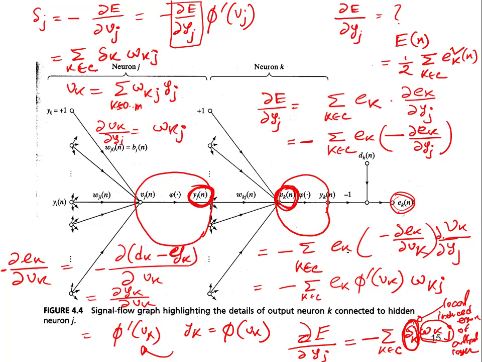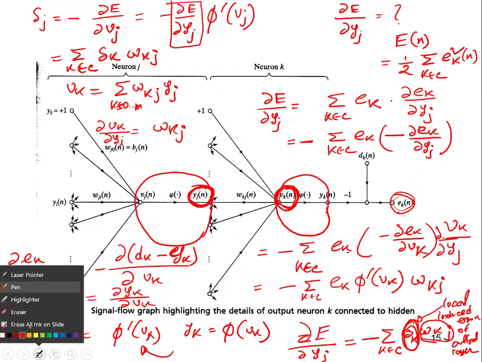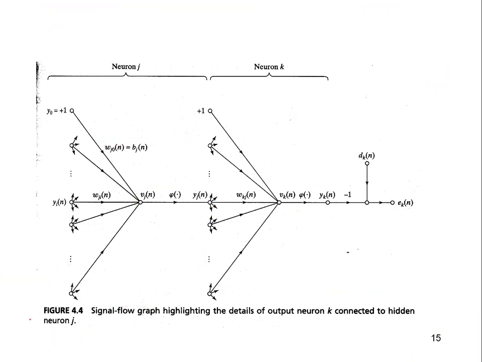So the overall equation that turns up now is, for the output layer, delta k is none other than ek times phi prime of vk.